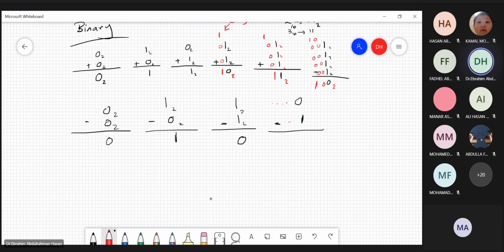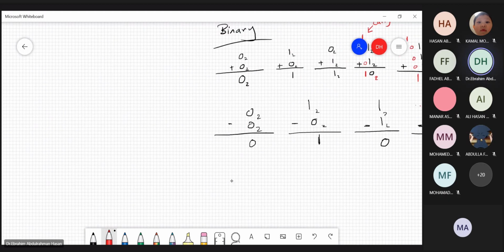But we have other numbers here. When I subtract, for example in decimal, let me say 102 minus 29. How do I subtract in decimal? Borrow. Not carry, borrow. Okay.